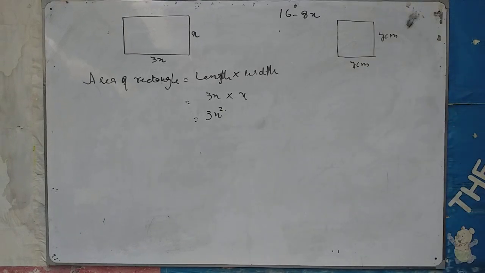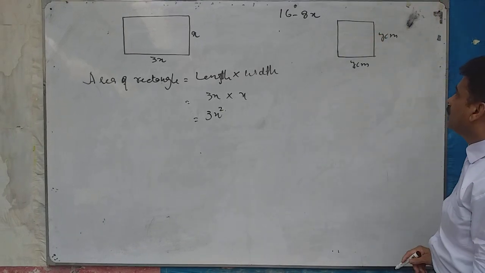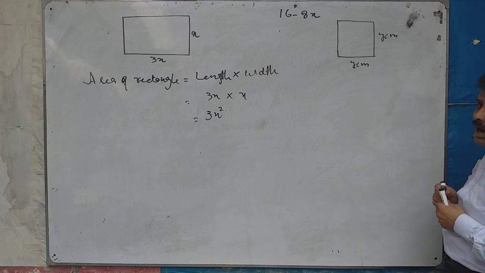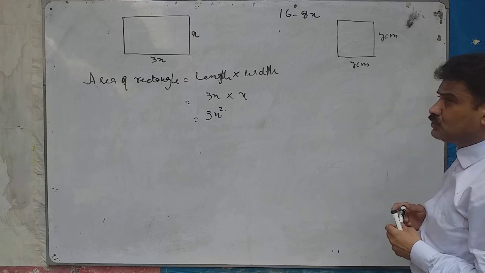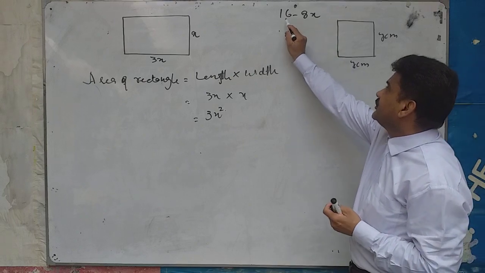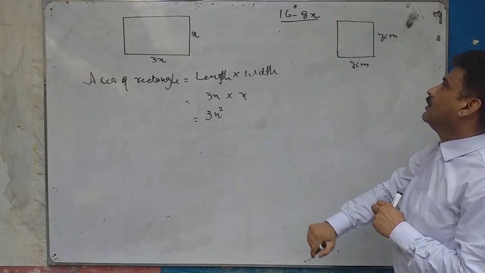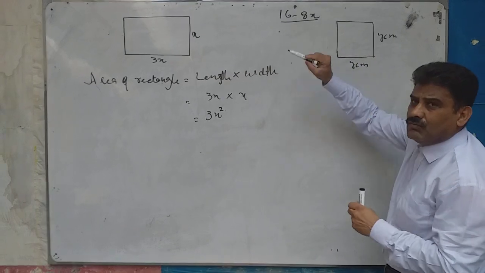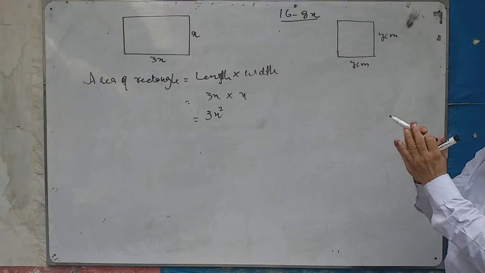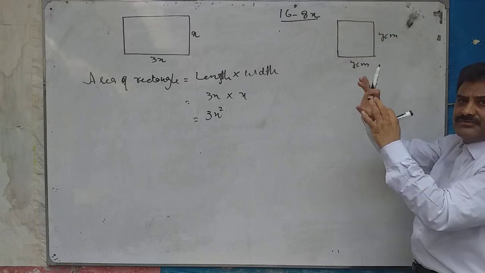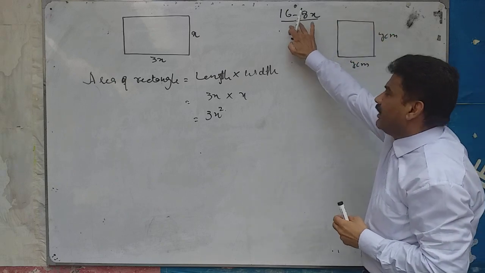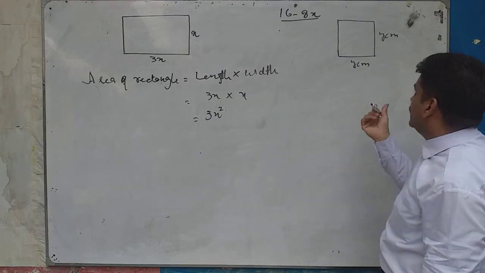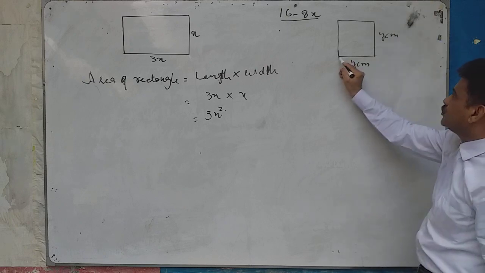But to find the area of square, to form a square we have total length of wire, which is 16 minus 8x. With this length of wire, we have to make a square. We start from here to form a square.